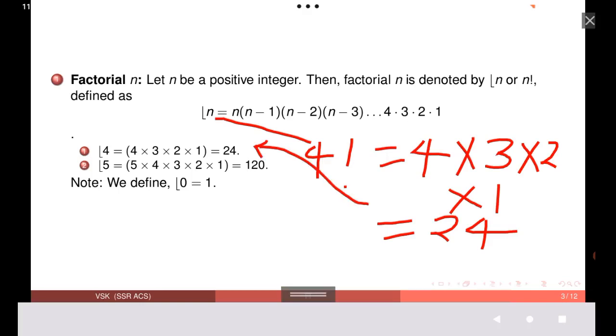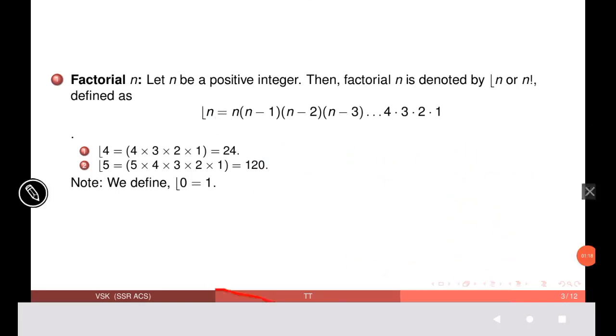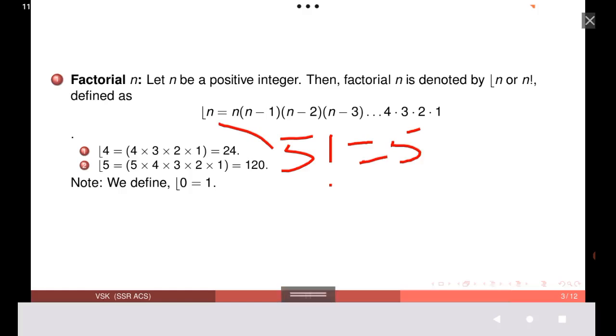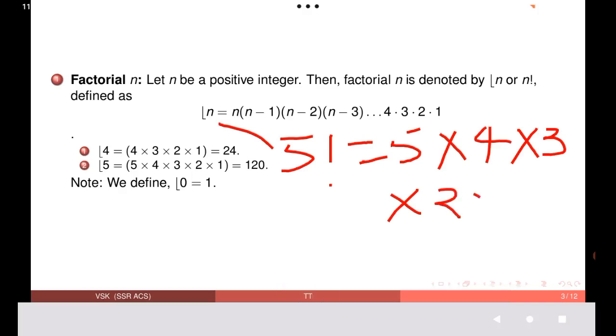Similarly, what is factorial 5? Here n is equal to 5. So starting with 5, then 4, then 3, then 2, then 1. And when we multiply all these numbers, we get the answer 120, which is written over here.